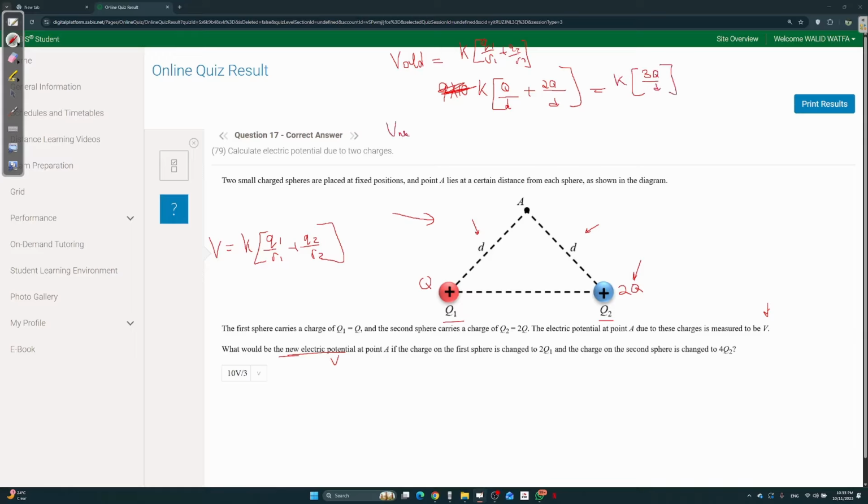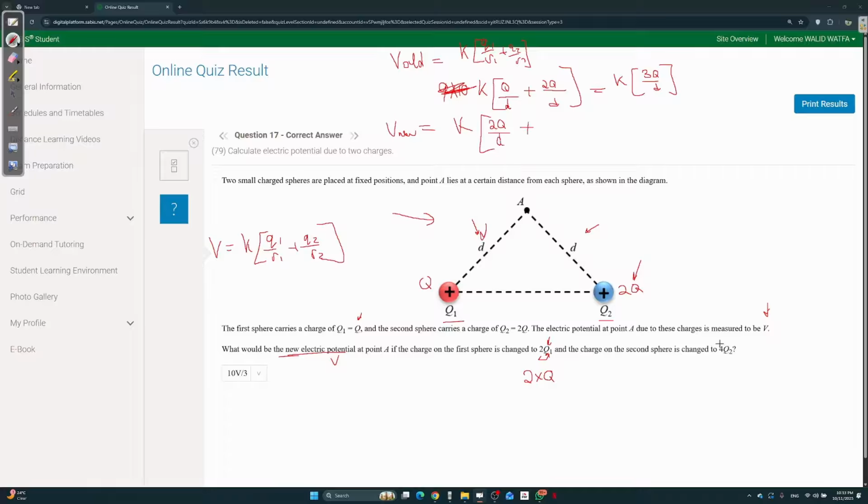Let's find V new. V new, again, same formula, K Q1 over R1 plus K Q2 over R2. So K, I'm going to leave it as K. Q1 now became 2 times Q1. How much was Q1? Q1 was equal to Q, so it's going to be 2 times Q. So instead of Q1, we're going to put 2Q over R1, which is still D. They didn't do anything to the distance. Plus Q2.